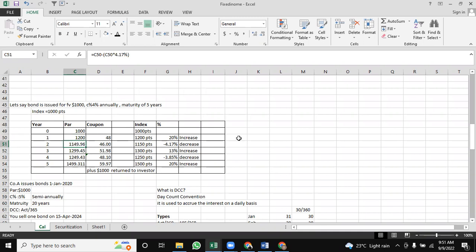That is what an inflation index bond is. That happens all the way till maturity. On maturity, you get your coupon according to the rise and fall in the index, and since it's the year of maturity, you get your 1000 returned to you. Is this clear?